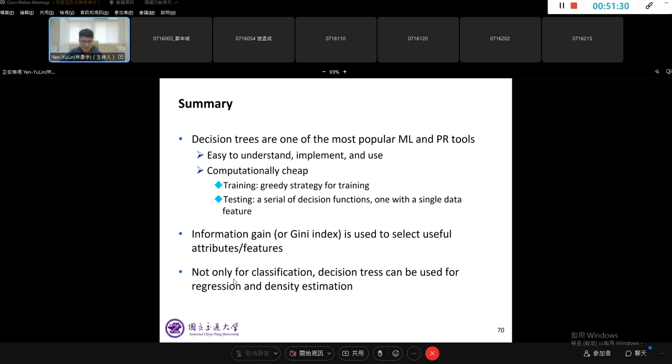And a decision tree can be used not only for classification, but also for regression and density estimation. You just use some criterion to estimate the purity of regression, and you can use a constant for each leaf node. Okay, it is about decision tree.